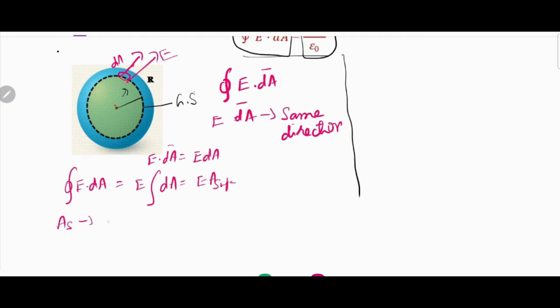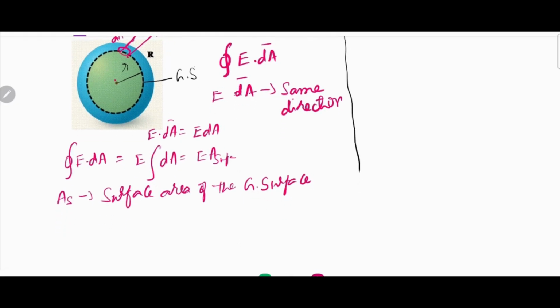It is the surface area of the Gaussian surface, which is a sphere of radius small r.